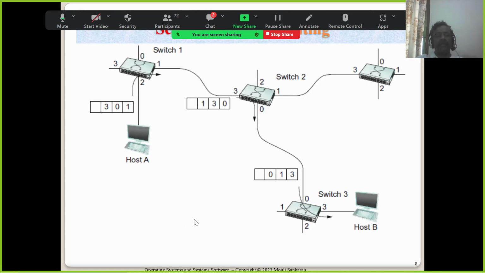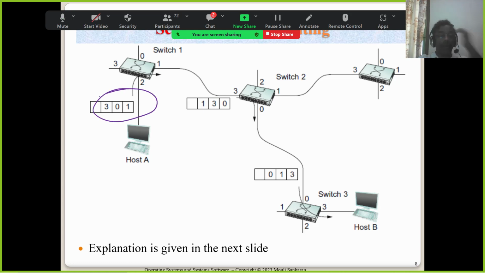Source routing is very simple, guys. You decide the entire path you are going to take. What is this path? Actually, it refers to the switch numbers. 1 refers to this, 0 refers to this, and 3 refers to the output port number where it should be sent. So these are the output port numbers of the switches they pass through.